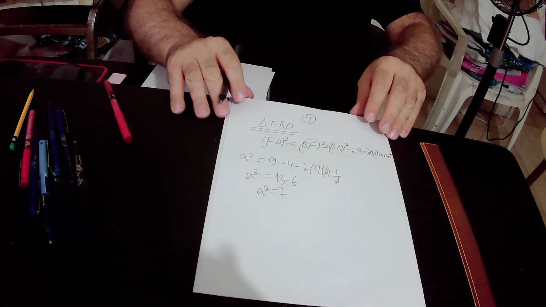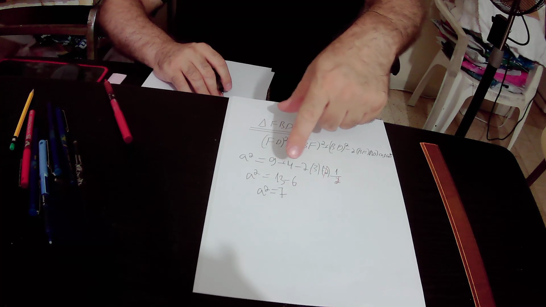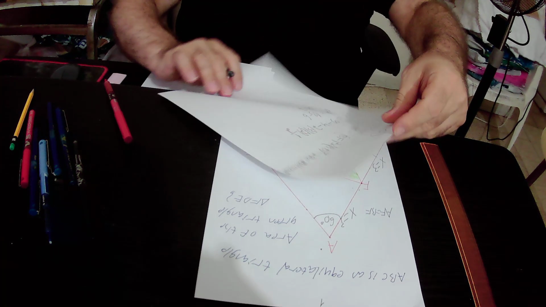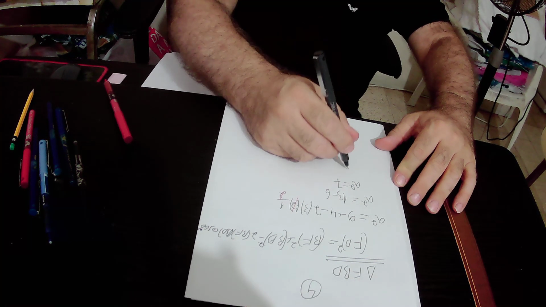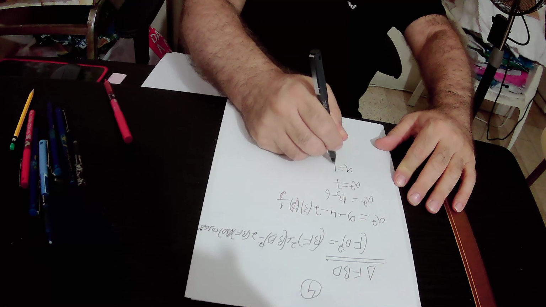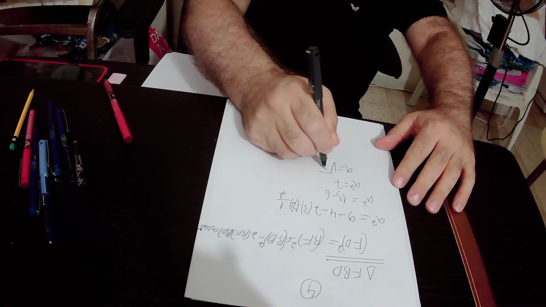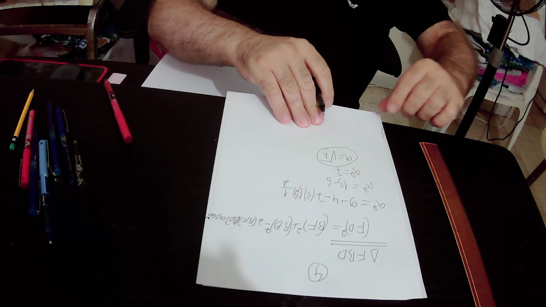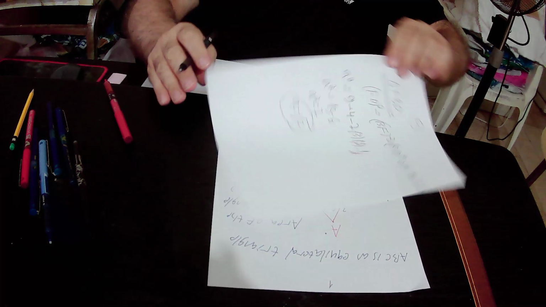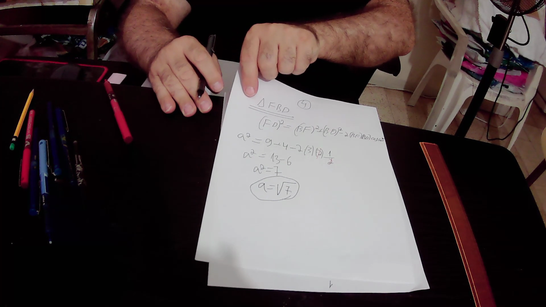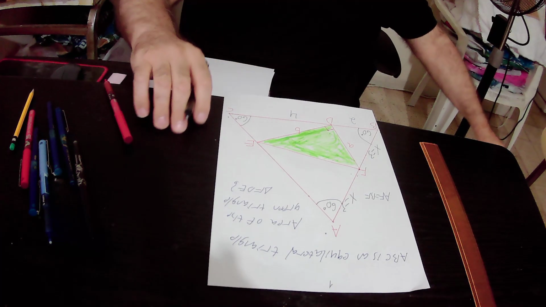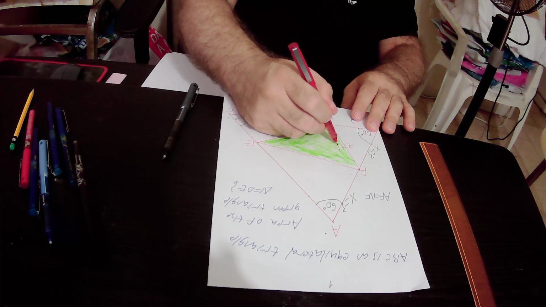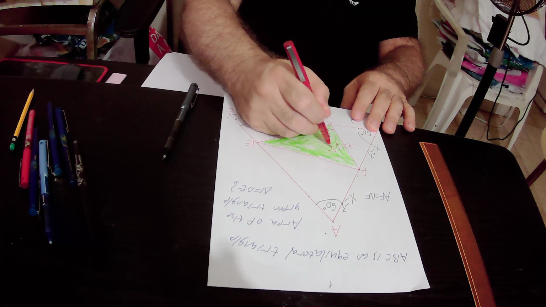Okay, and we can take a root out of this equality, and we will get that A equals the root of 7 units. Okay, so we found out the value of A. A equals root of 7 units, so we can write here that A equals root of 7 units.